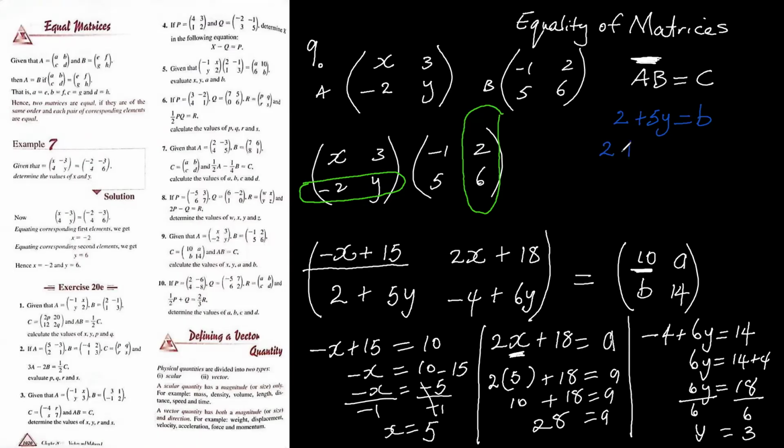So it's 2 plus 5y, which means 5 times y. And we worked out y to be 3. So 5 threes are 15. So 15 plus 2. So B is equal to 17.